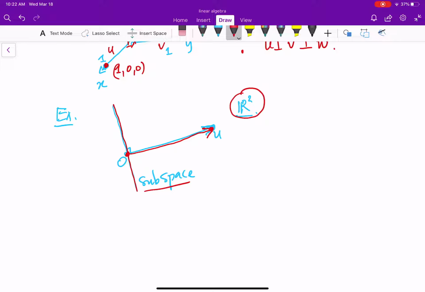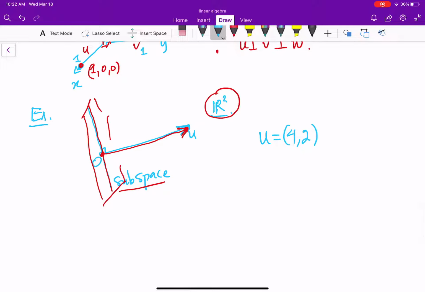We don't care too much about that. You just look at this picture: you have u, and then you want to determine the subspace right here, whatever you have, which is orthogonal to u. That is the problem. Okay, so let's say we have vector u equal to (4, 2), and of course this is in R2.